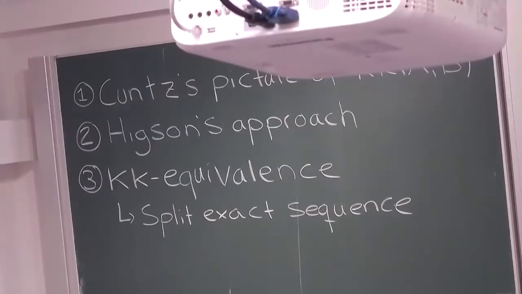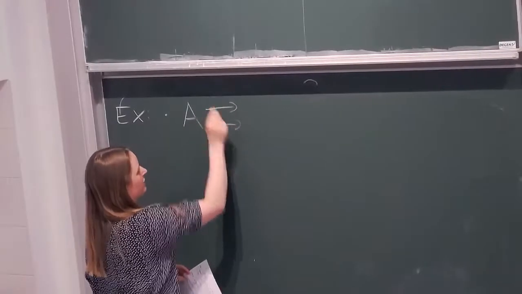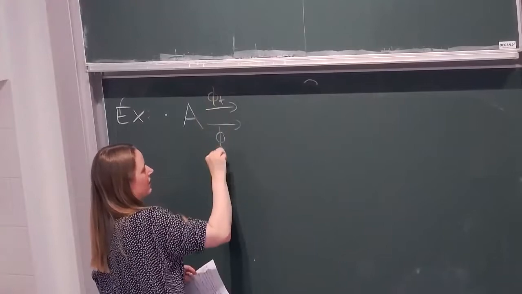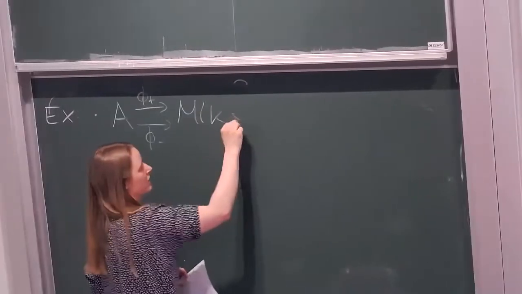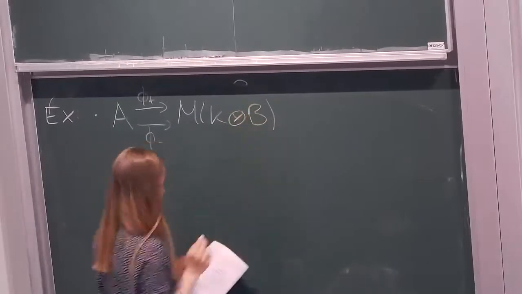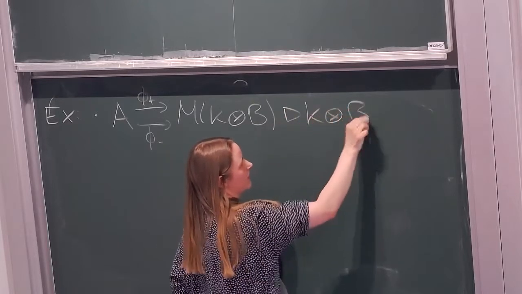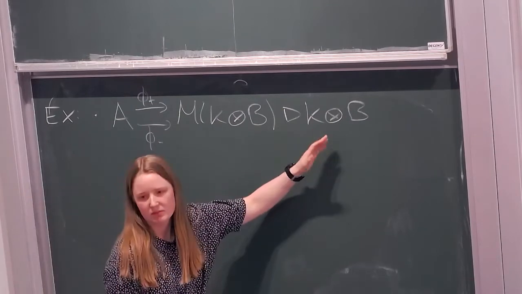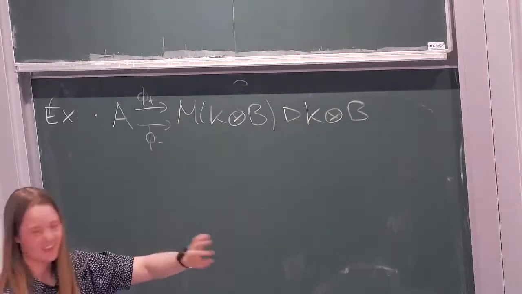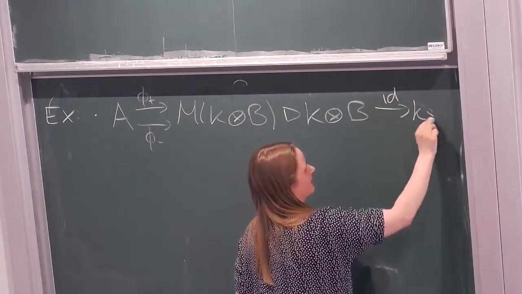So if we take these maps we looked at before, then if we have our A, we have the two maps phi plus and phi minus to M(K tensor B). And then our ideal is just K tensor B. So in this case J and B, the B in the definition, is just the same, so we have the identity map here to K tensor B.